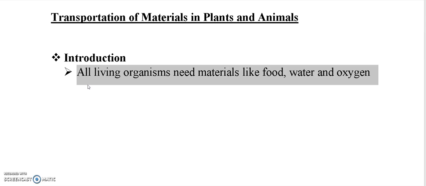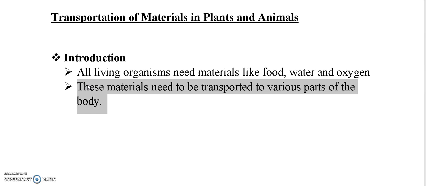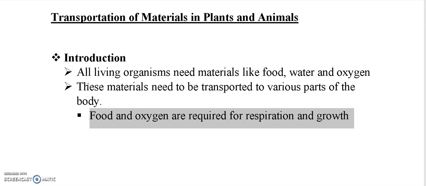We know the difference between breathing and respiration now. Respiration requires energy. So respiration and growth will happen in our body only if food and oxygen are transported properly. These materials need to be transported to the various parts of the body, as food and oxygen are required for respiration and growth.